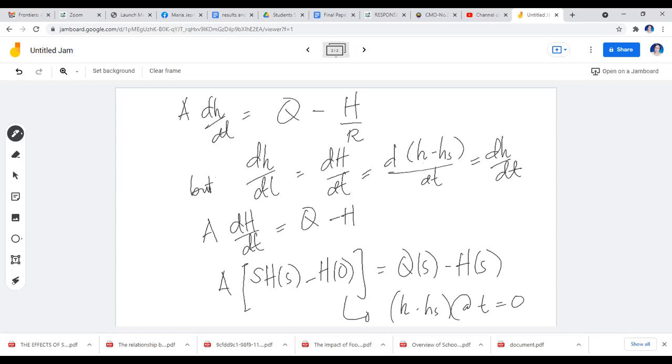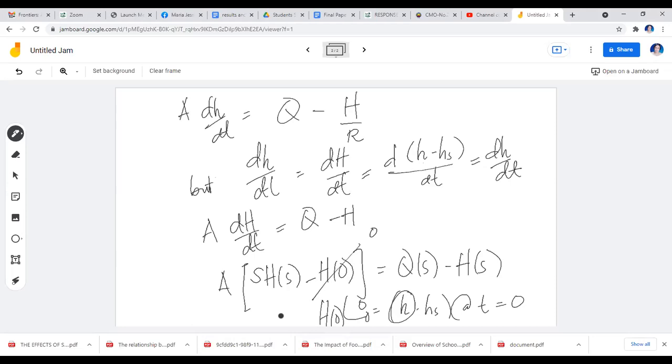So what I mean is, at the start of the disturbance, this H does not change first. It's not something instantaneous. So at time equal to 0, this H minus HS is still equal to 0. And this is actually your capital H at time equal to 0. So then this is a 0.